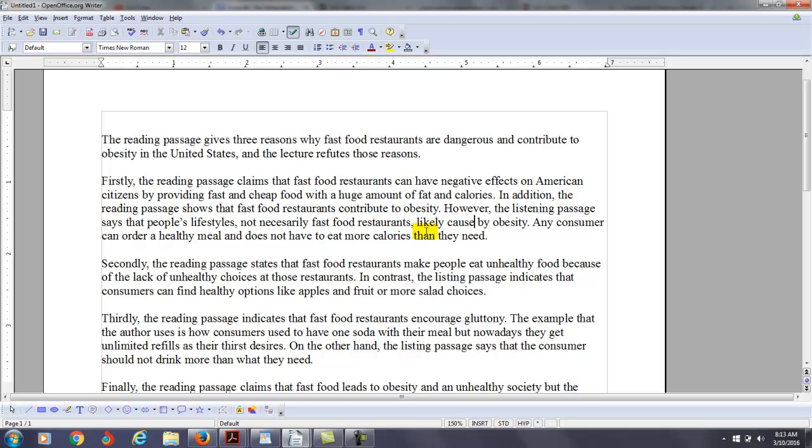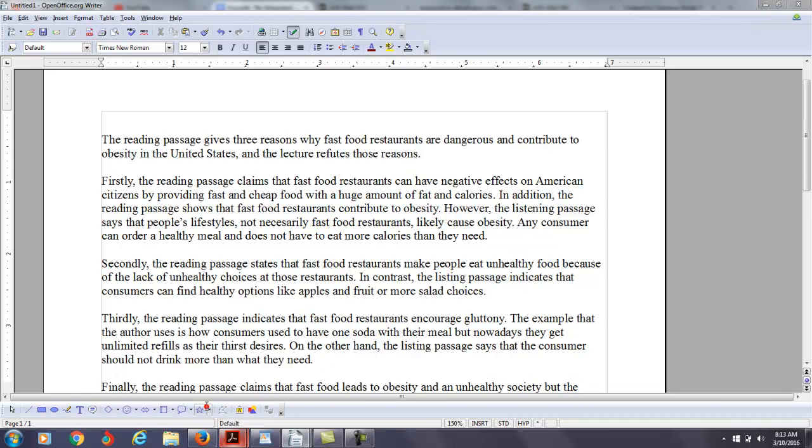I'm going to use active meaning here, not passive. You're having some problems there. So I think you want to say that people's lifestyles likely cause obesity. Any consumer can order a healthy meal and does not have to eat more calories than they need. And that is what the lecture is saying, right?